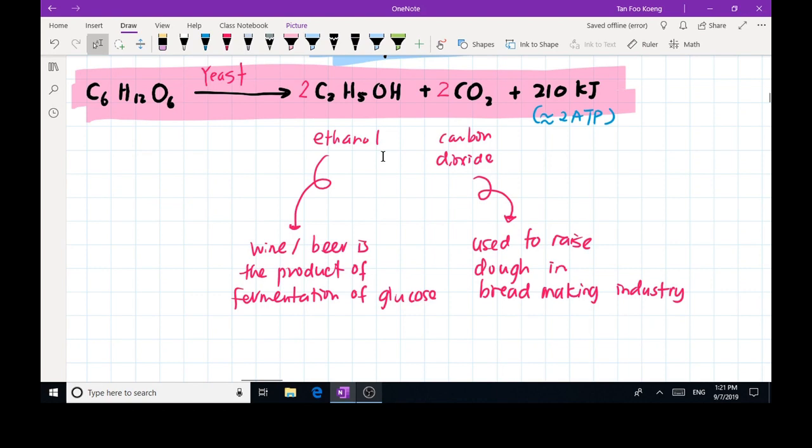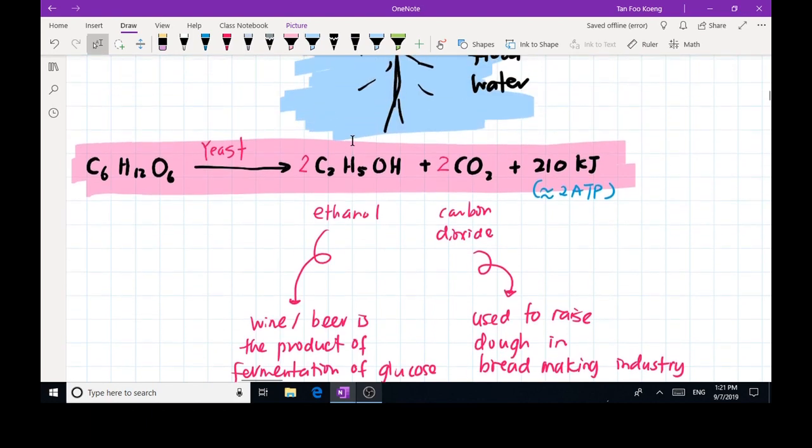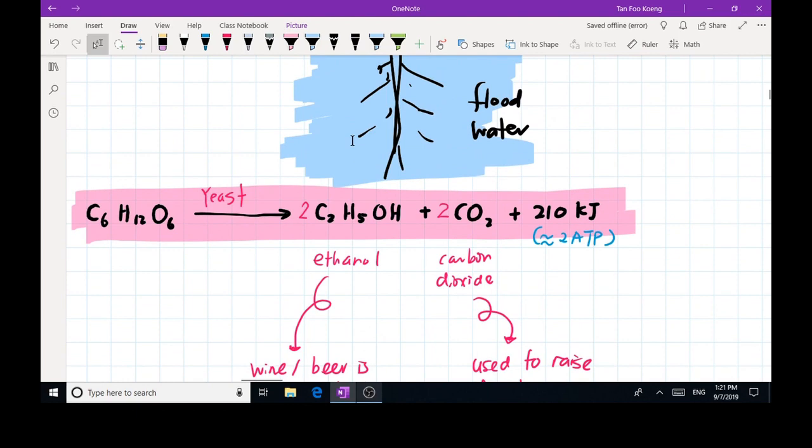In the beer or wine making industry, the concentration of the ethanol produced from the fermentation of yeast is roughly about 13%. Beyond 13%, the yeast itself is going to be killed by the ethanol produced. So that means in plants, beyond a certain concentration, the root cells are going to be killed as well.